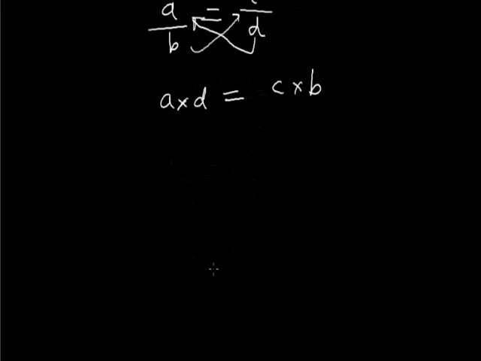So a multiplied by d equals b multiplied by c if a, b, c and d are in proportion.